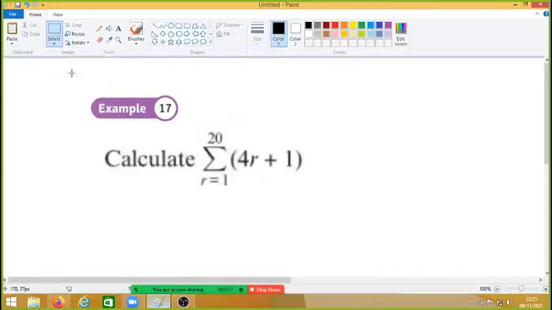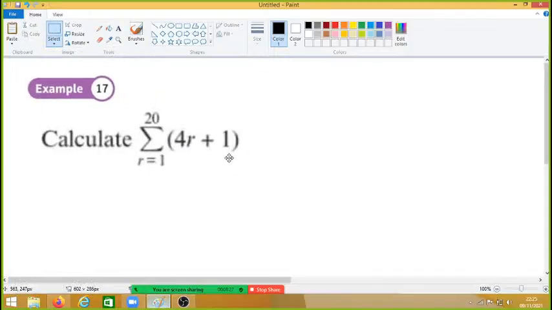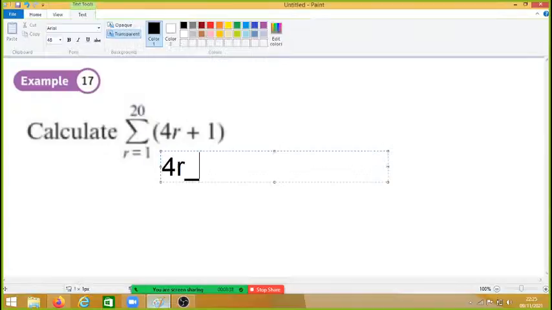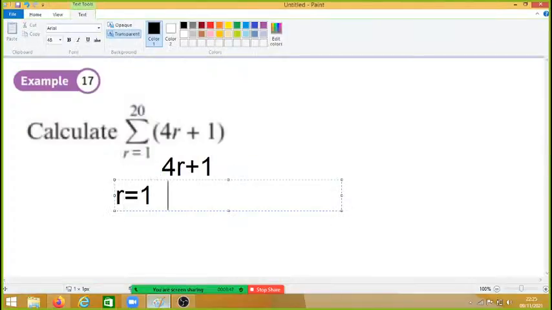So let's see what the sequence looks like. We're going to substitute r is 1 into here. So we've got 4r plus 1. Substitute r is 1, and that's 4 times 1 plus 1, that would make 5.